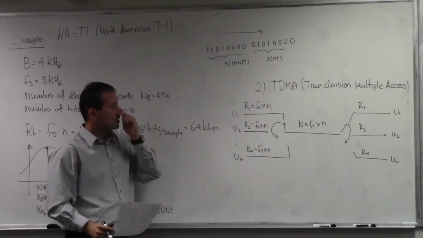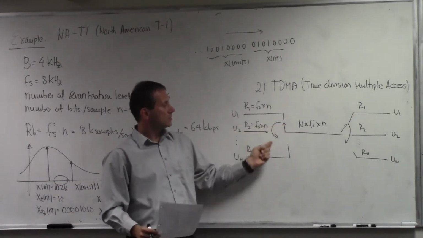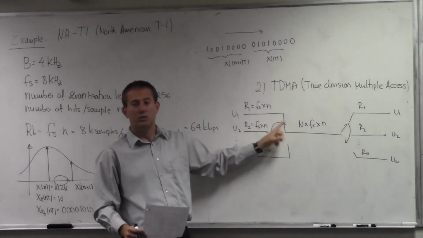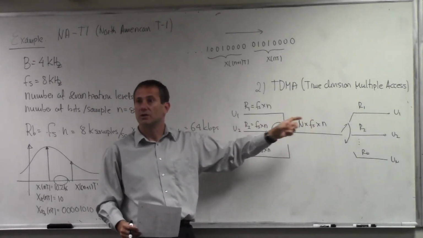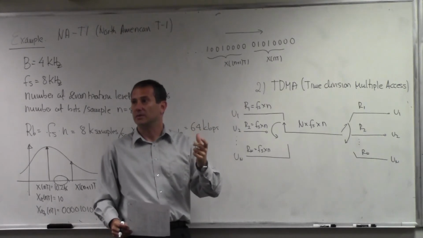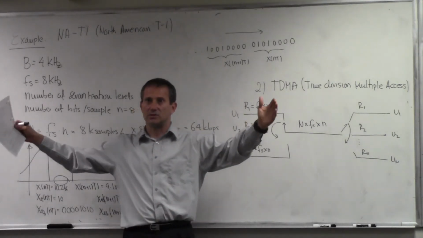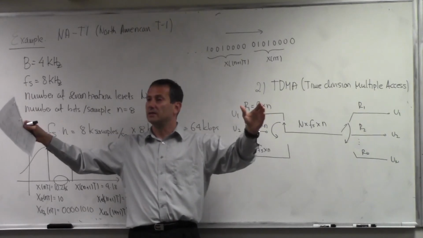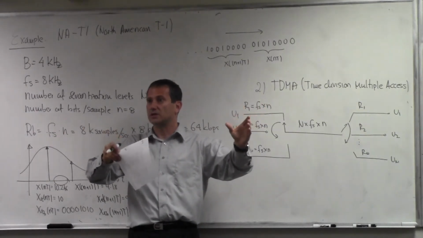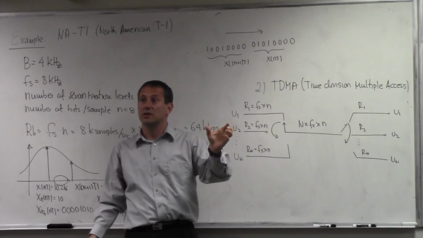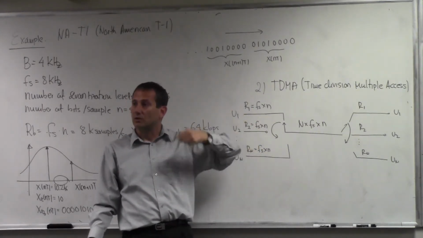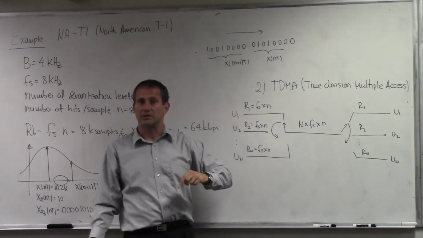Okay? So here's how it works. This switch gives the exclusive use of the line to every pair of the conversation for 1/n of the time. So if this is your time frame, you take that time frame and divide it into n equal time chunks, which we usually call time slots, and each time slot is assigned to each pair of conversations in a circular fashion.